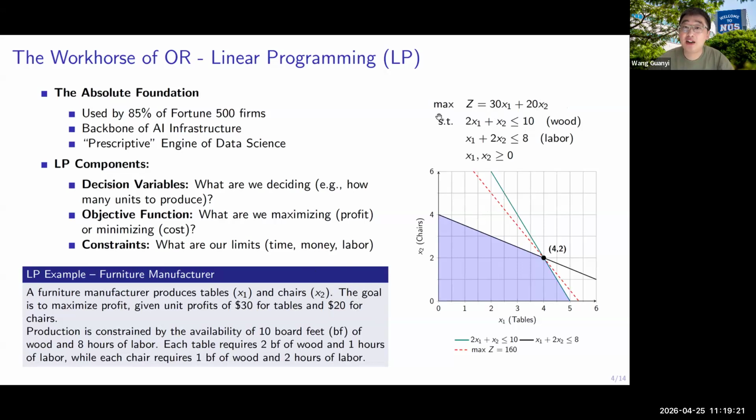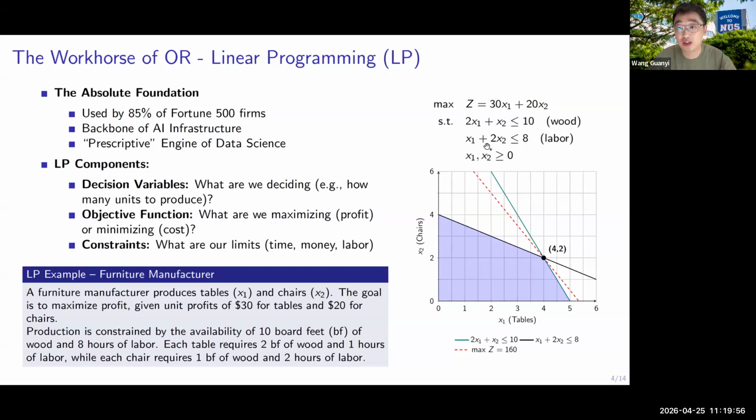After that, you might see this little s.t. This is just shorthand for "subject to". It means I would like to maximize this objective function subject to the resource constraints that we write on this part.